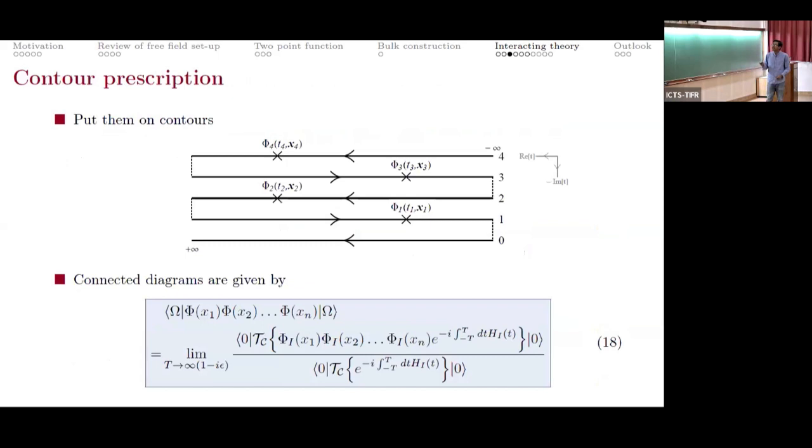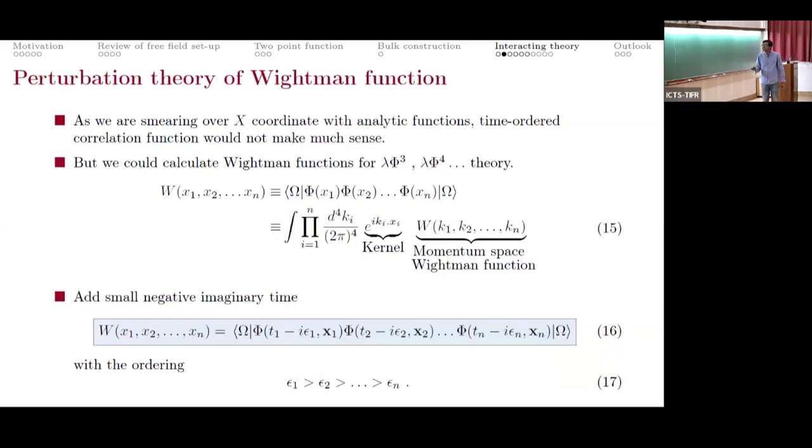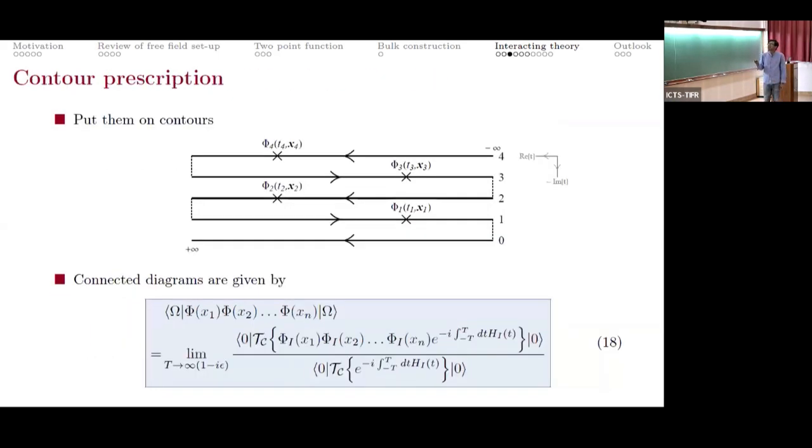And we can visualize this ordering in some nice contours. The real part is going from minus infinity to infinity, and the imaginary part is going from bottom to top, so they have different imaginary components. We cannot place them on one line. We have to place them on different lines.